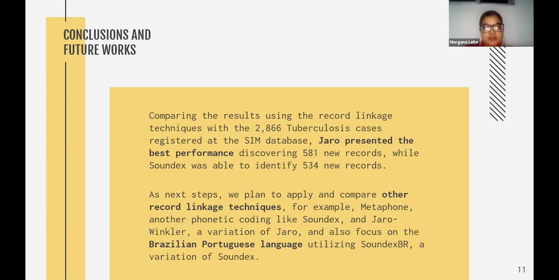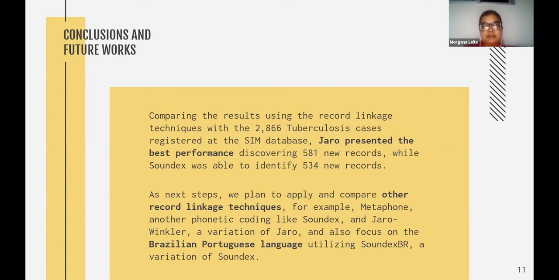We compared the results using the record linkage techniques with the 2,866 tuberculosis cases registered in the SIM database. Jaccard presented the best performance, discovering 581 new records, while Soundex was able to identify 534 new records.